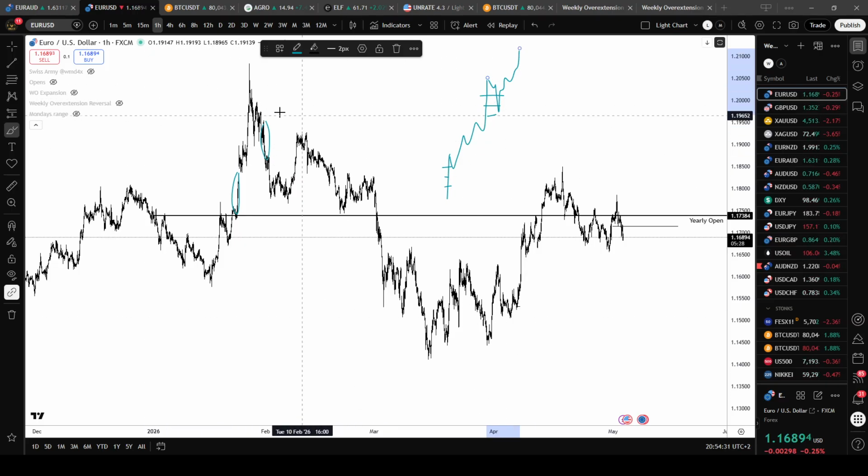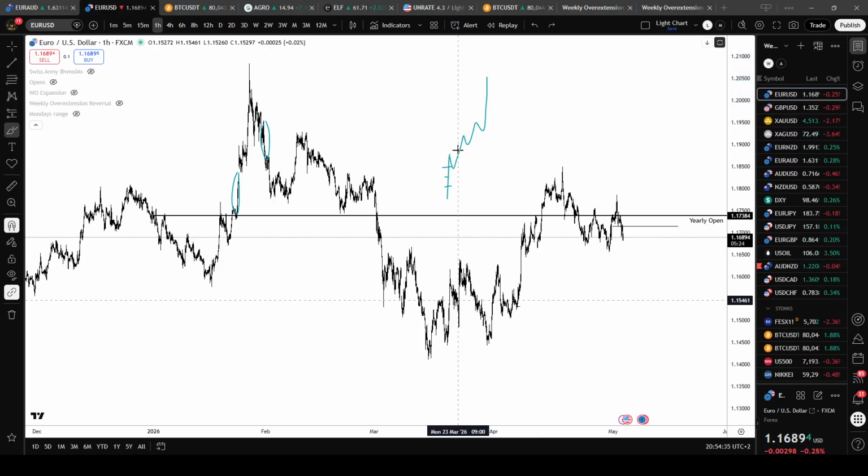But when we are in a range, it works not in an opposite way, but you just know that the likelihood of price coming into those areas is really high.